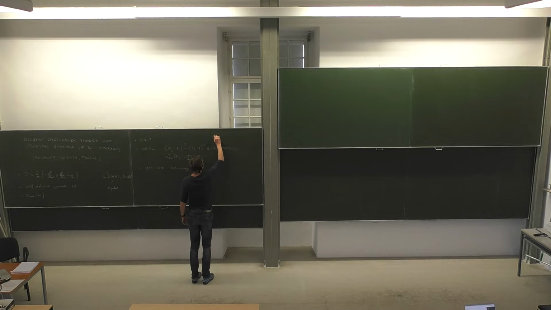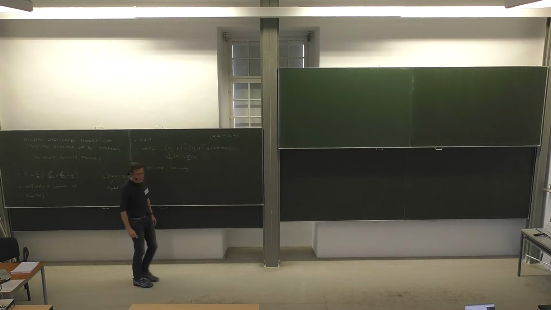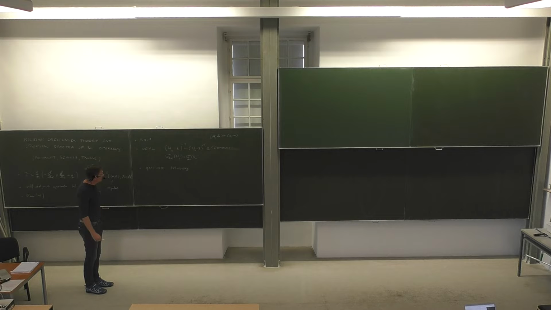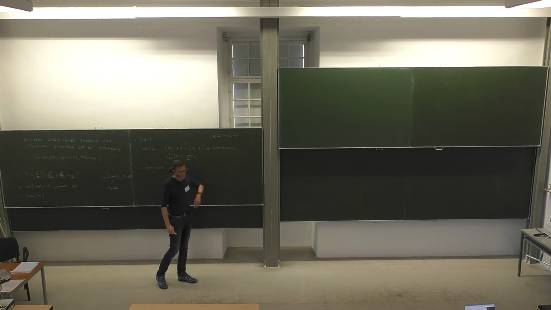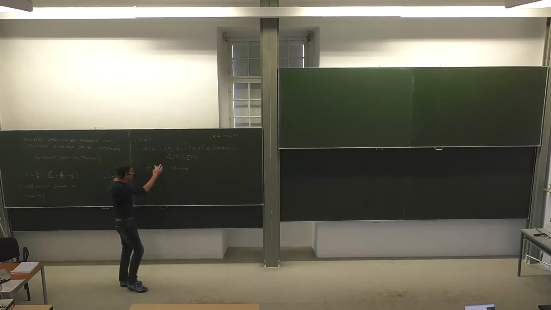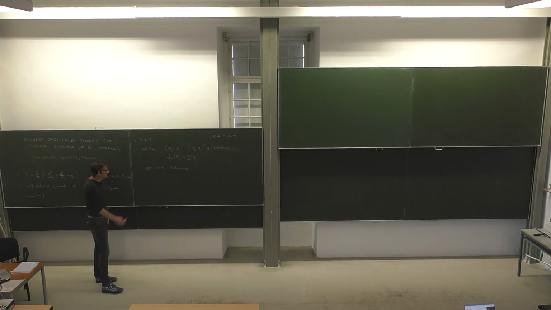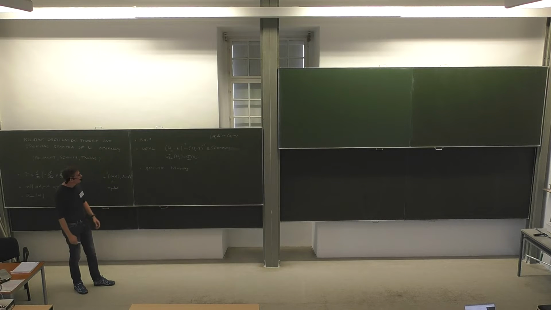So here I'm assuming that (a, b) is just (0, infinity) for simplicity. So once you have this condition, you get that your resolvent difference is compact, and you can apply this result by Weyl right here.